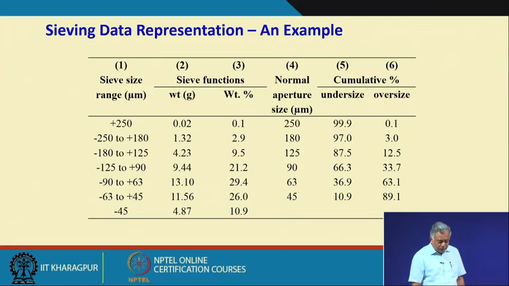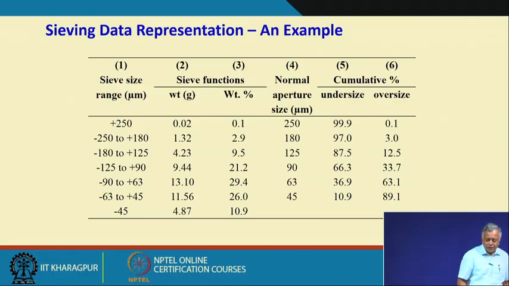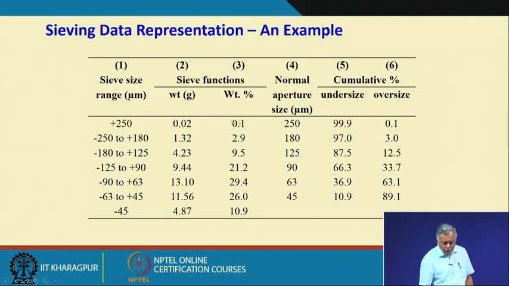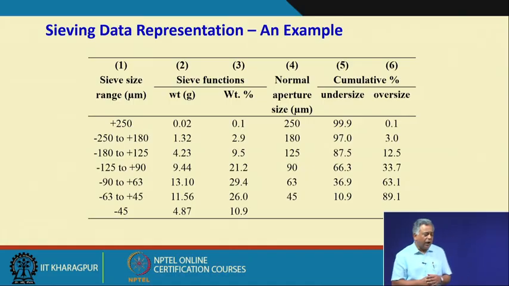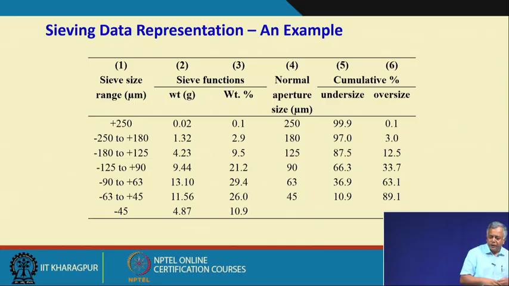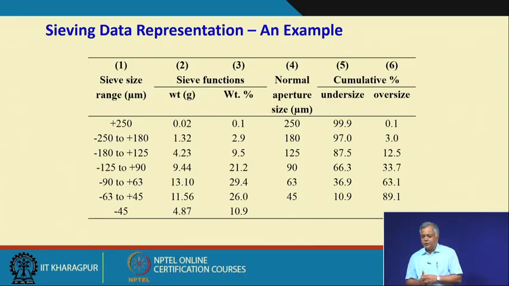Suppose if I add them together, it gives you 60 grams, but your initial weight could have been 65 grams. So when you convert them into weight percentages, that may be different, but you can weigh it initially to have an idea of how many particles we are losing. If you are losing too many particles, then the technique is not appropriate.